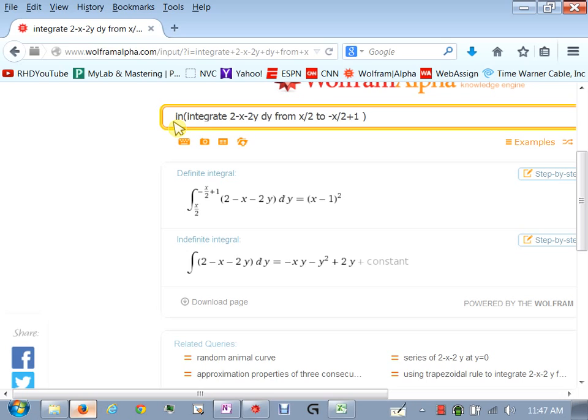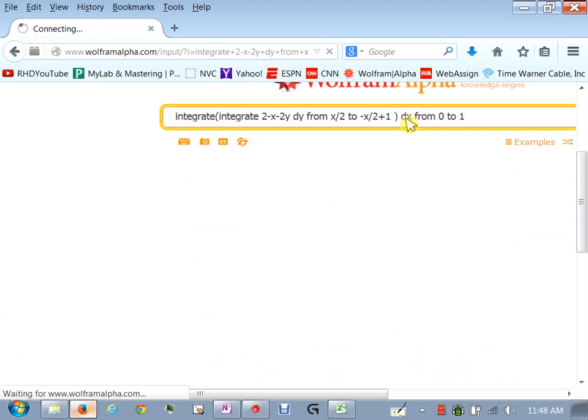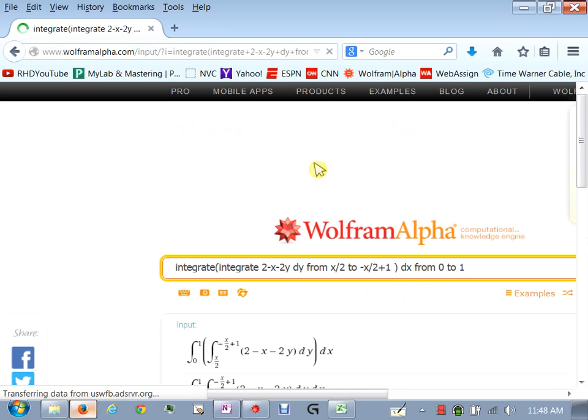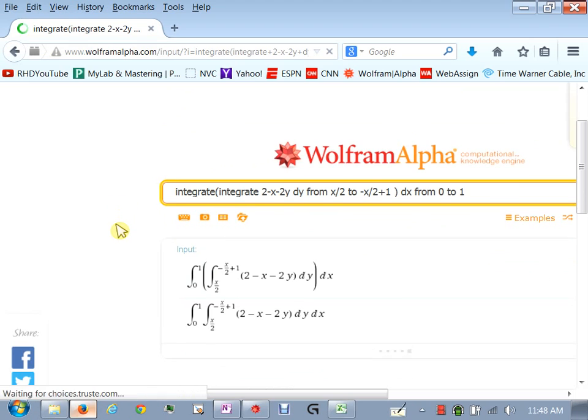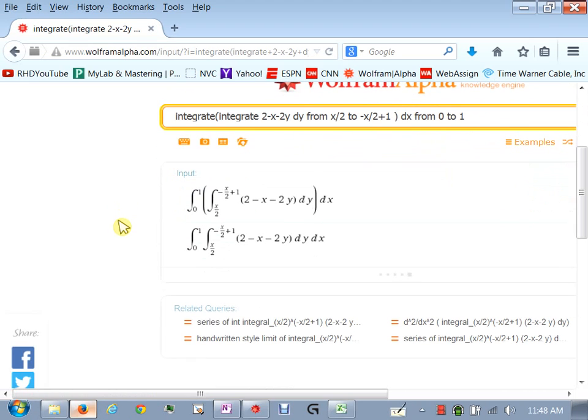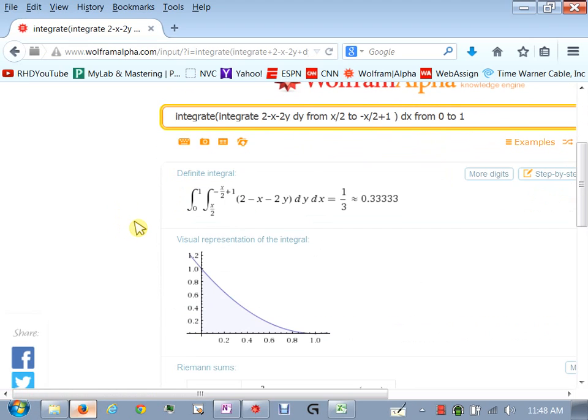I want to integrate that dx from 0 to what? 1? So I'm going to integrate an integral. Oh, we did it. Numerical answer would be nice here. There we go. 1/3.